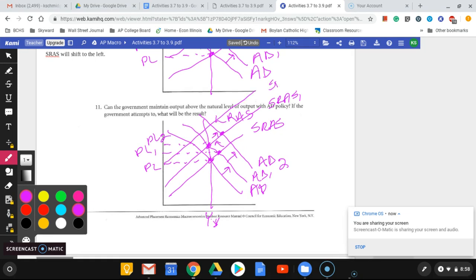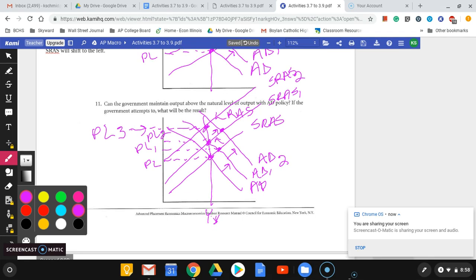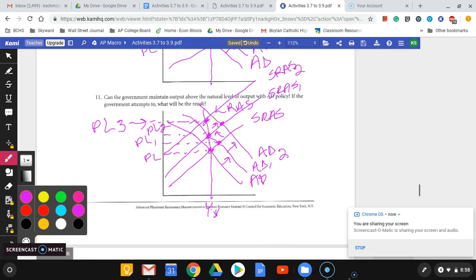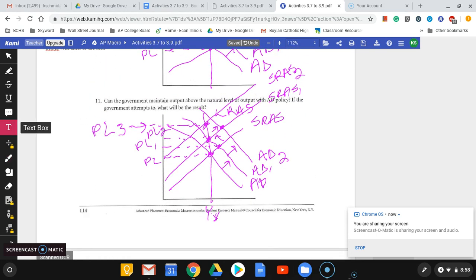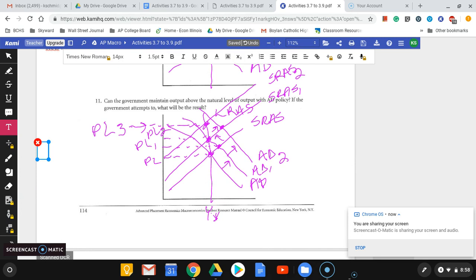Short run aggregate supply is going to shift again, and as you can see, the price level is going to continue to rise. So let me summarize that in a text box here for you as well.